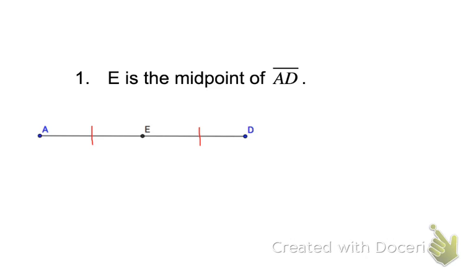So I'm going to use one tick mark to show that both of those segments are congruent. And then the way that I'm going to write that is segment AE with a line on top of it is congruent to segment, you could either name it ED or DE. I'm going to name it ED.